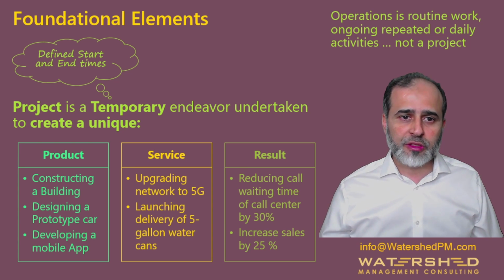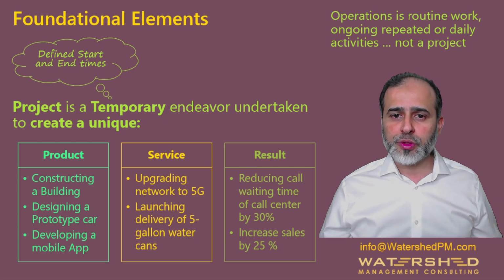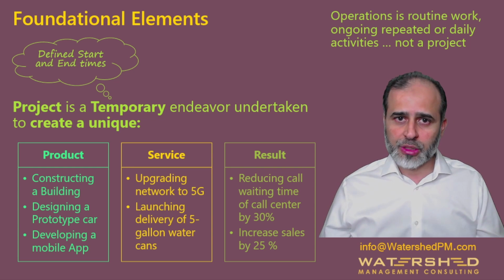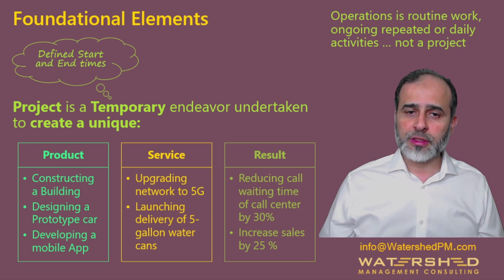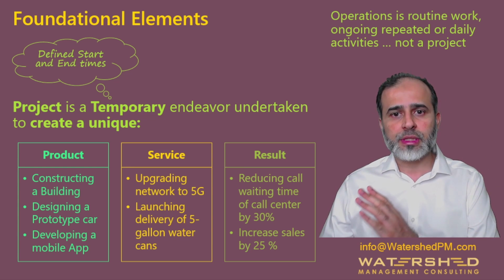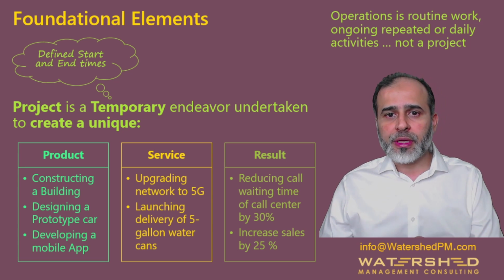So these are examples of a project, and how you have, by completing the project in each of these scenarios, created something unique, either a product or a service or a result. And all of this is different from operations, which is any routine work or which happens on an ongoing or a repeated basis.